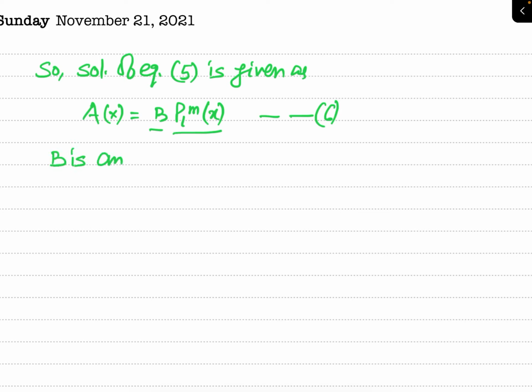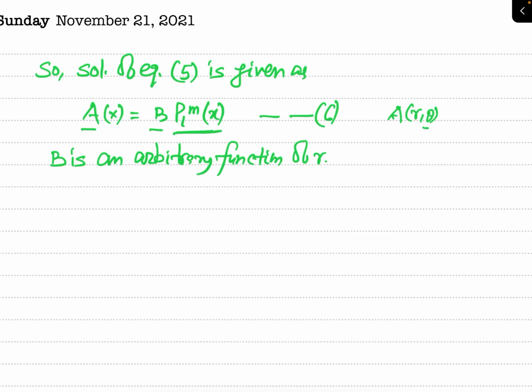Why is it an arbitrary function of r? Because PLM of x is only a function of theta, but a is a function of r and theta both.